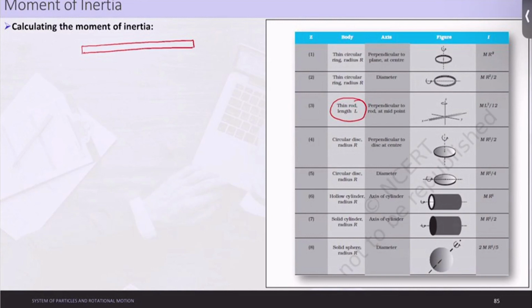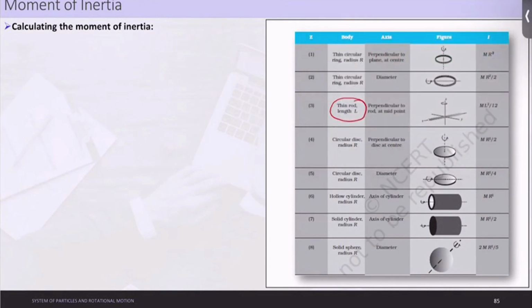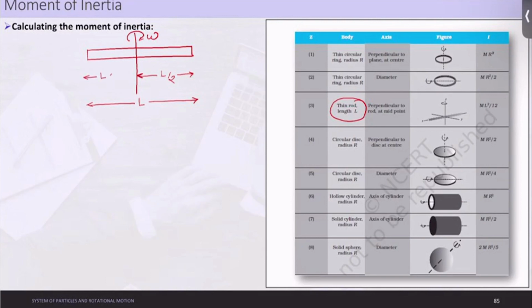Now let us calculate its value, assuming that the axis of rotation is at its center. So this is the value of omega, right? This is the complete length, and as it is at its center, this is L by 2. This is also L by 2.